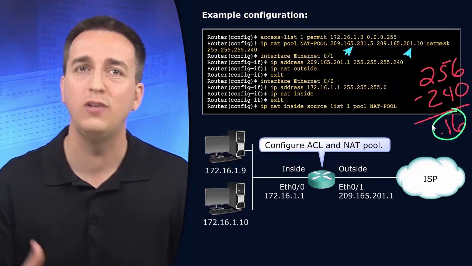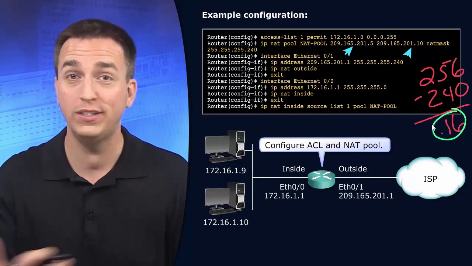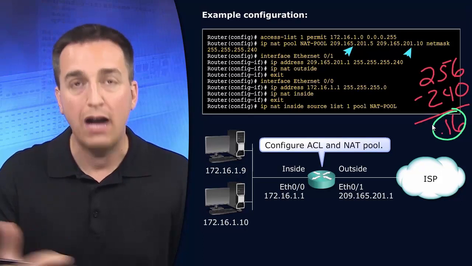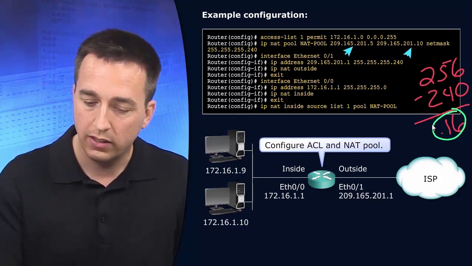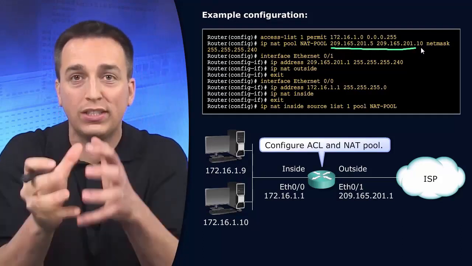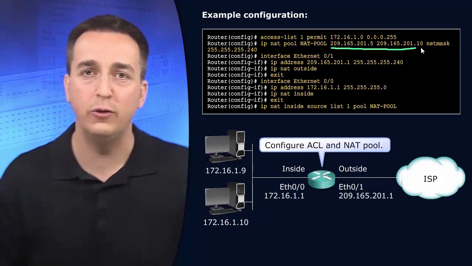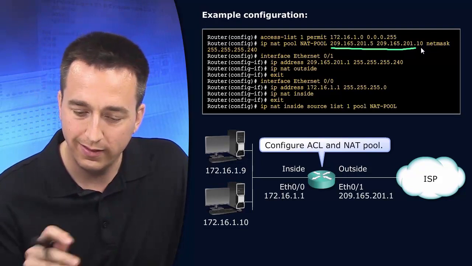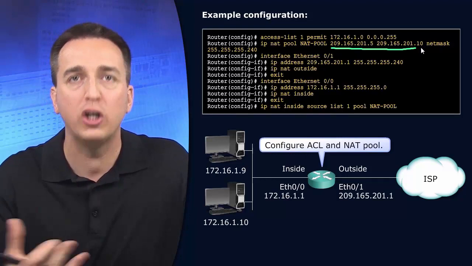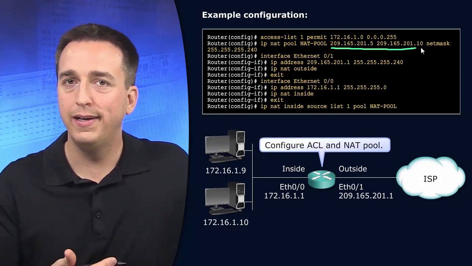The next subnet ID would be 209.165.201.32. This is taking us back all the way to ICND1 training, folks. So it now knows the subnet IDs. And then it decides, does this range fall within a single subnet? If it doesn't, your router will bark at you. It will tell you that this is an invalid range based on this net mask parameter you're defining. So it's a safety check.